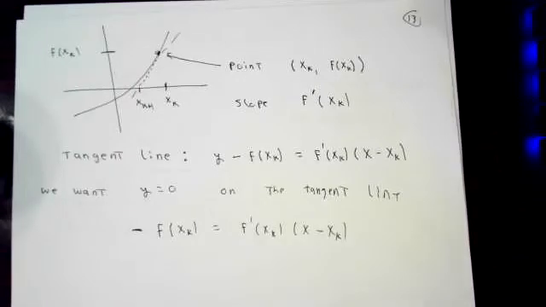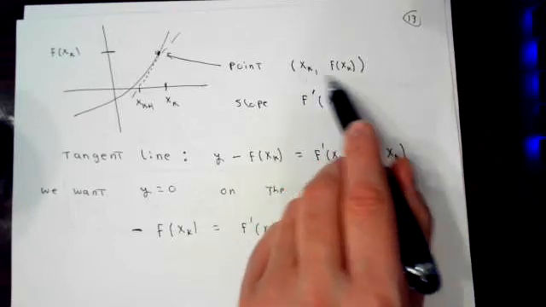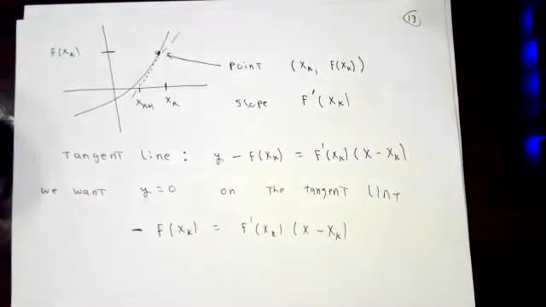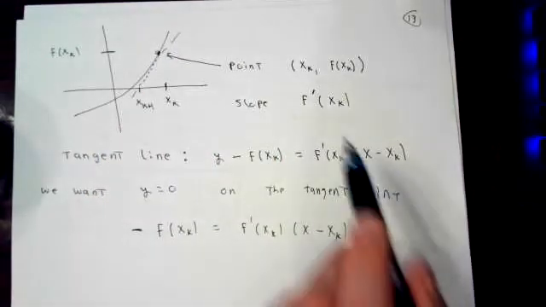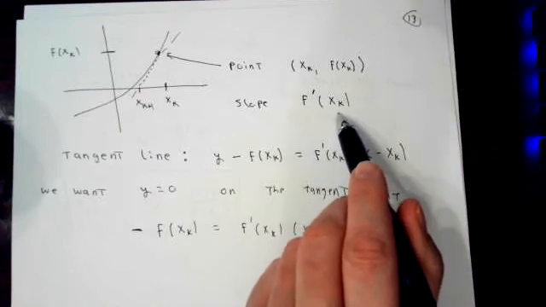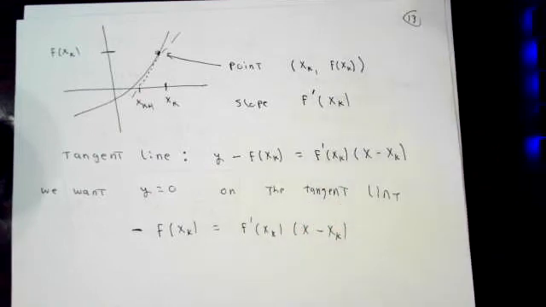So to abstract this a little bit, I'm going to assume that the current best estimate for the solution I have is x number k, and I'm wanting to generate x number k plus 1. The point xk, f of xk, is on my tangent line. The slope of the tangent line is f prime evaluated at the x that we're talking about.